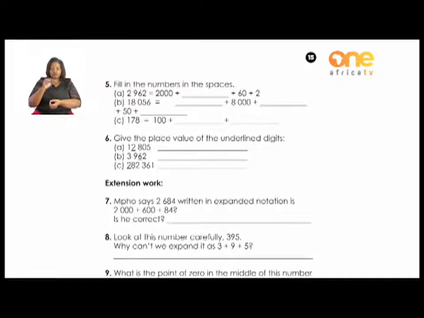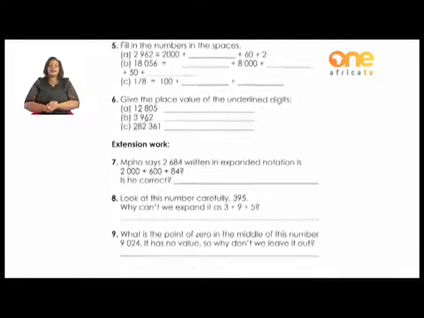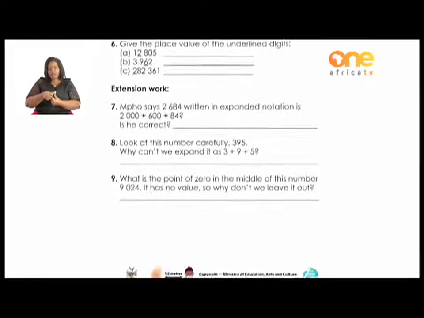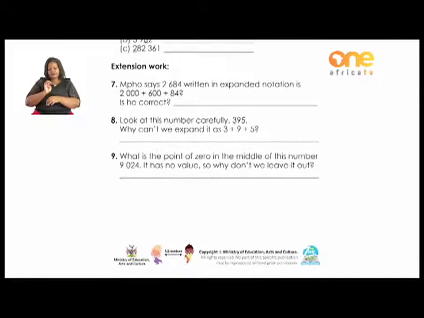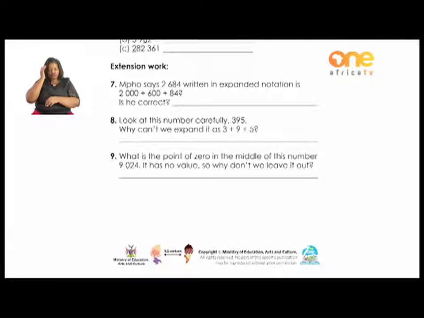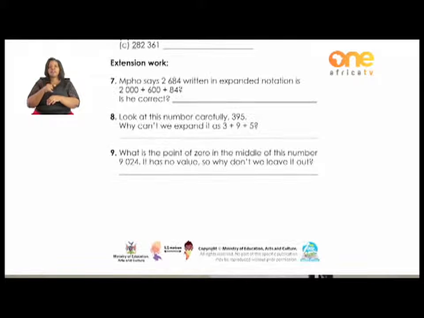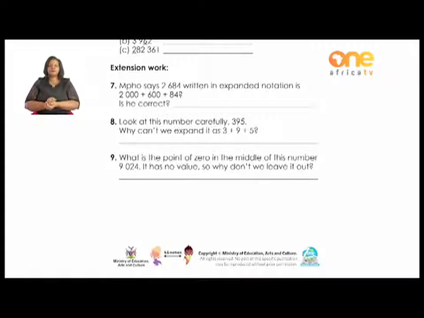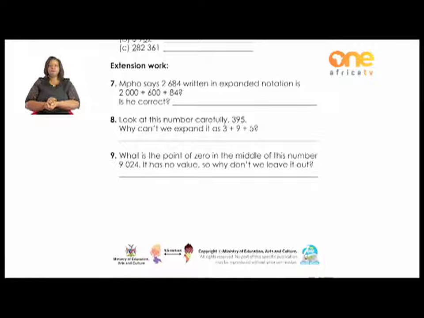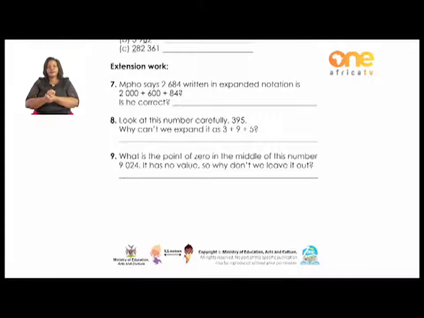So remember, put your place values with a pencil for you to know exactly which place is 2, 6, and 2. You can also do that, it's very easy. And the extended work is for you to practice more and more.